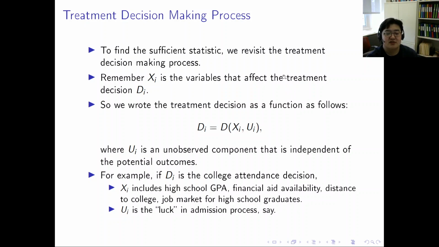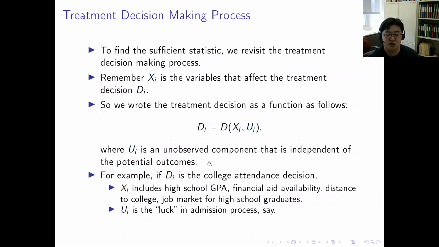Okay, so x affects d, so we can write this as a kind of function, right? The decision is a function of control variables x and something else, u_i. U is just a collection of unobserved components.